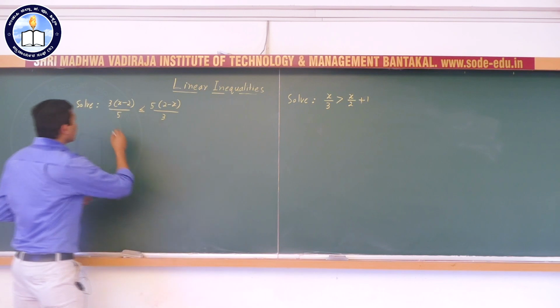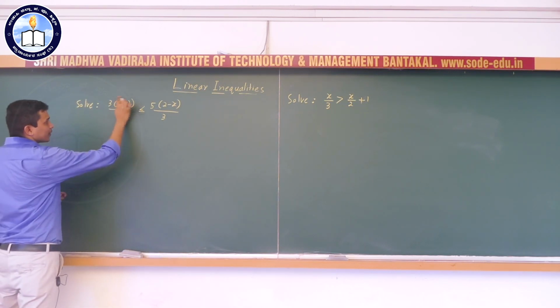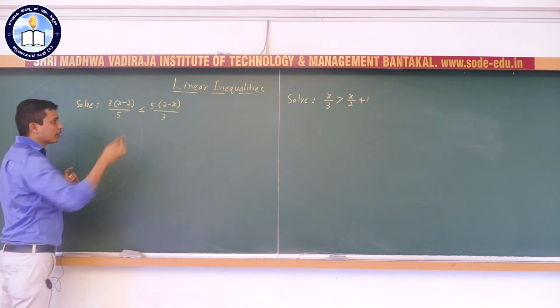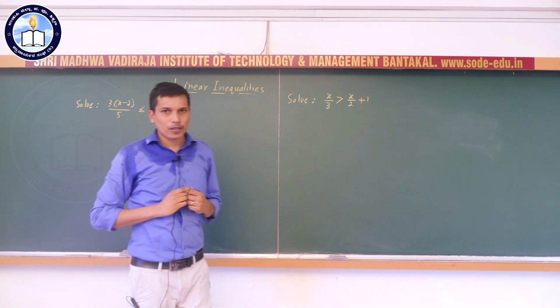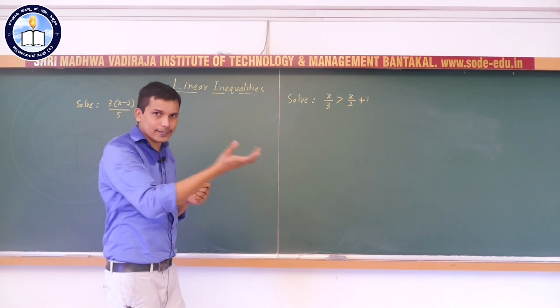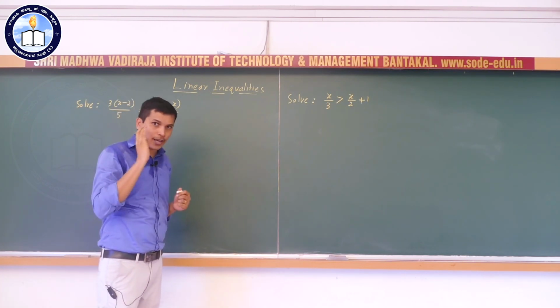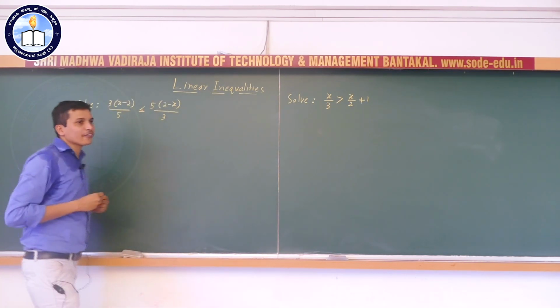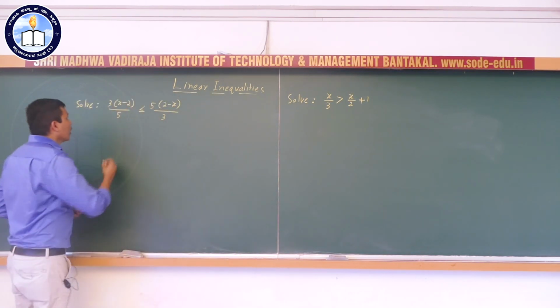First we will simplify this one, just simplifying the left side or right side, no problem, but when the inequality crosses over, you must be careful. When the inequality moves from this side to that side, left side to right side, you need to think whether it reverses or not. At the beginning you may find it a little bit tough, but when you solve more and more questions it becomes easier.